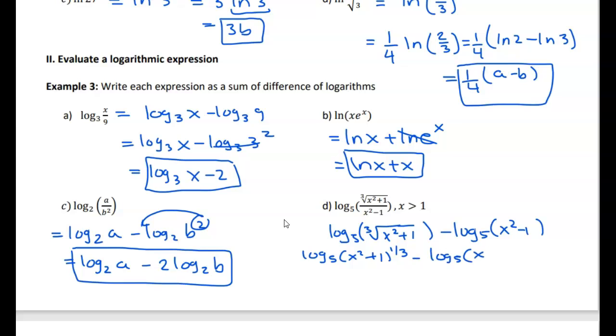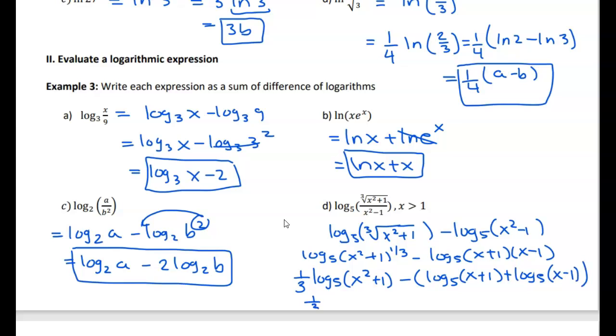This one factors as x plus 1 and x minus 1. Right, for this, the 1/3 comes in front. So 1/3 log base 5 of x squared plus 1. This one I can split up into a sum. So negative log base 5 of x plus 1 plus log base 5 of x minus 1.